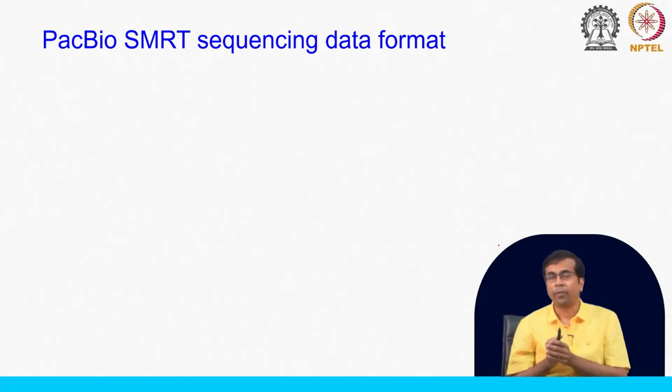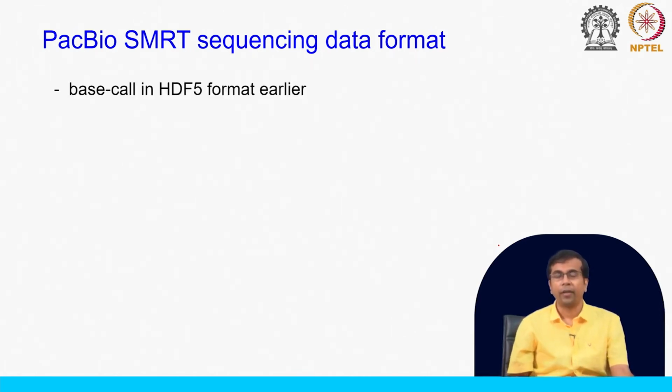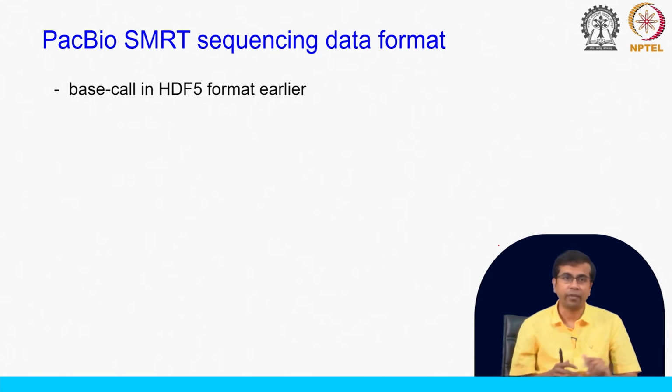What about the Pacific Biosciences SMRT sequencing data format? Do they use the same FASTQ format? The answer is no. They have different data formats, and we will discuss how this looks. SMRT sequencing reported the data in HDF5 format earlier. We will talk about what this HDF5 is in a moment, and the base call data was present in HDF5 format.